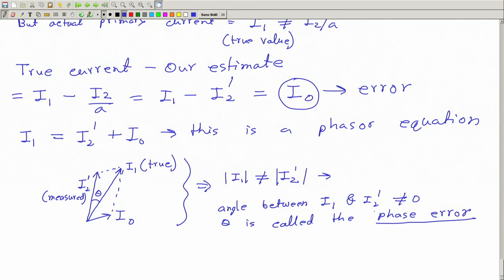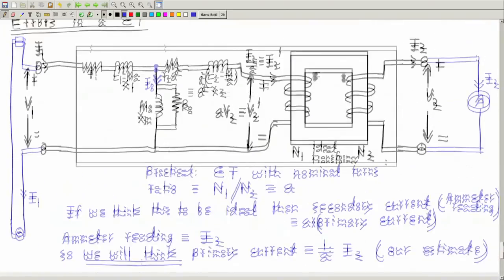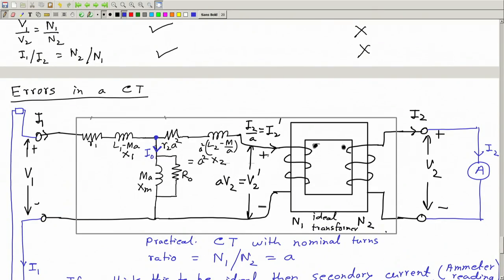This is a new terminology we are defining. If we connect an oscilloscope here instead of an ammeter, then we can see the waveform also. This current will not be in the same phase as the primary current.